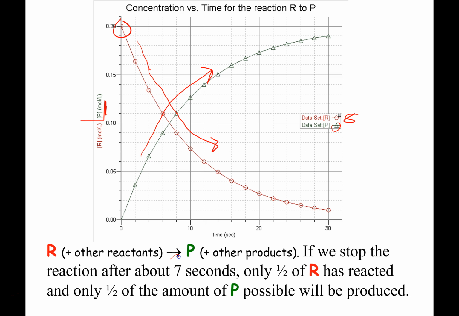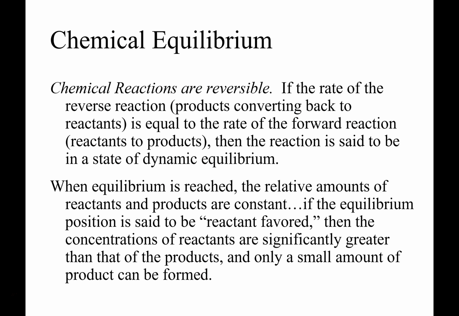If you find 7 seconds and go up like that, at 7 seconds, which could seem like an eternity, you still have half of your reactants left. So in other words, we just might not be patient enough for our reactants to proceed to form products.